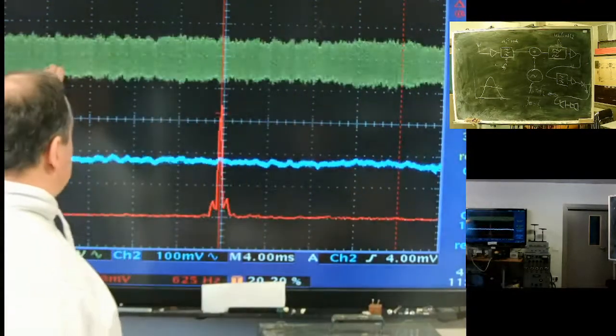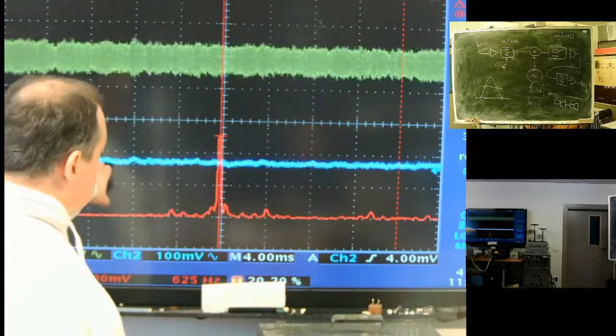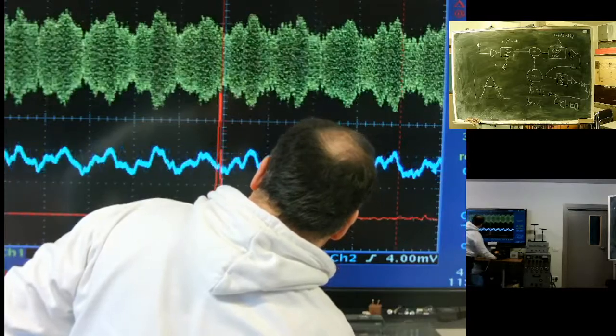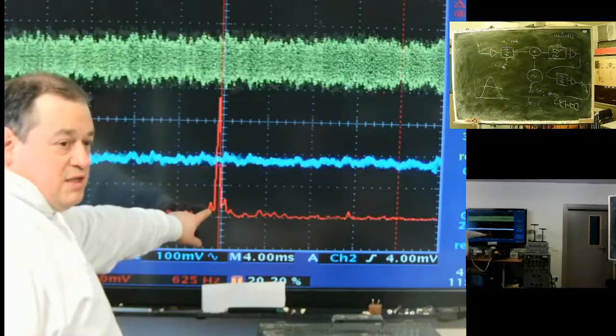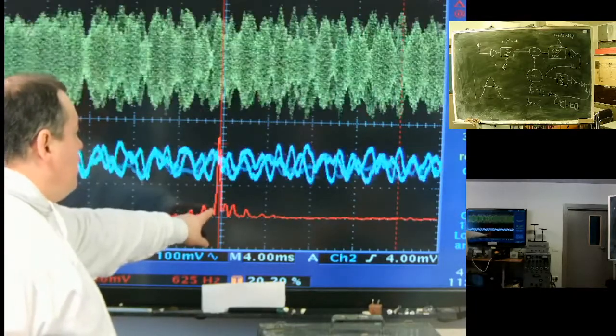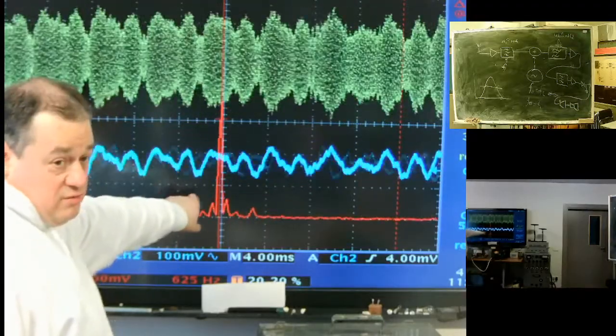Signal: received signal at intermediate frequency, demodulated signal, and spectrum at intermediate frequency. Carrier now at intermediate frequency. And our information, our voice.